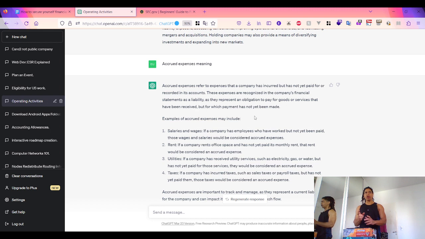So in contrast with accounts payable, the accrued expenses are expenses that a company has incurred but has not yet paid for or recorded as accounts, meaning it's an obligation that a company has to pay for a good or service that has been received.